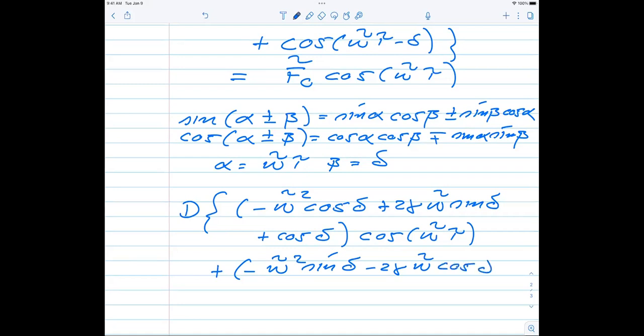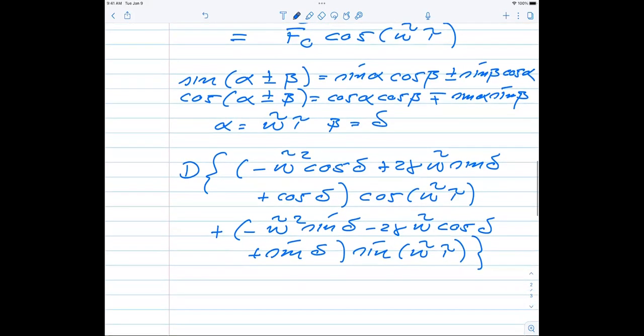So I get a cosine delta plus a sine delta, and this is multiplied with a sine of omega tau, and then end of curly bracket. And this is equal to F0 times a cosine of omega tau.